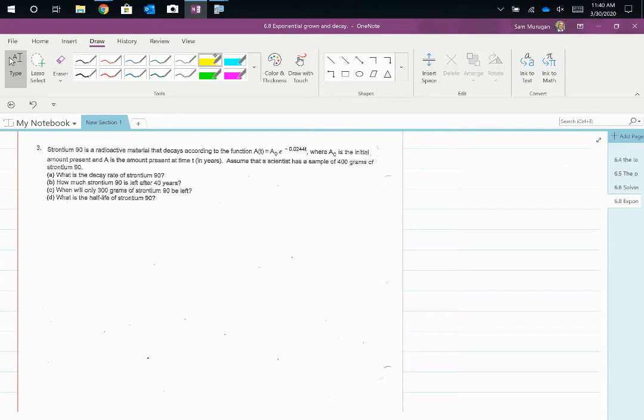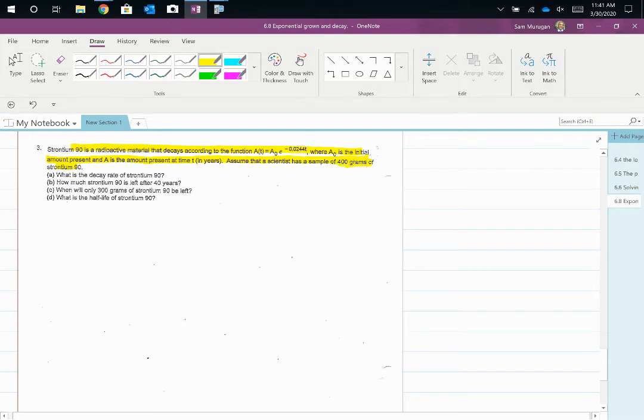We're not going to study anything so drastic. We're going to look at strontium, a radioactive material, and they gave us the formula here, where A0 is the initial amount present and A is the amount present at the time.